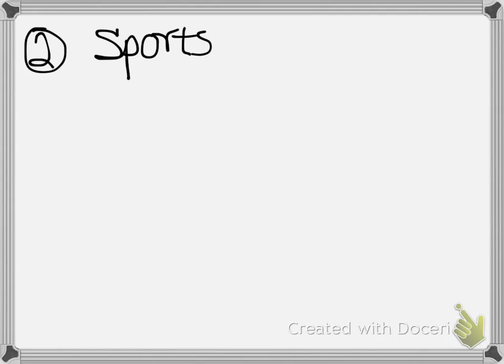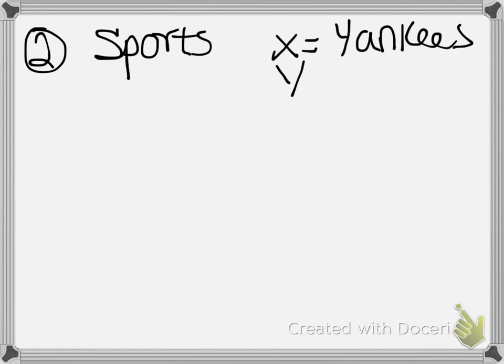Well, first I want to define my variables so I know which is which. So I'm going to say x is equal to the Yankees, and y the Reds, because those are the two things I'm dealing with. Well, I'm technically dealing with the World Series that they had won, so that's what that's representing. And I see that word total. The Cincinnati Reds had won a total of 31 World Series.